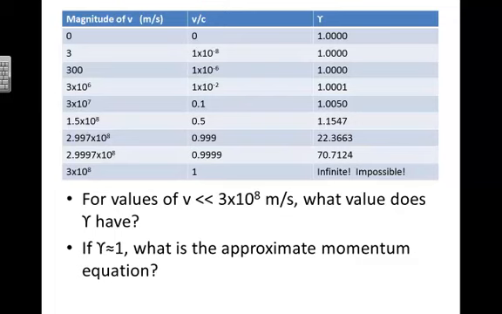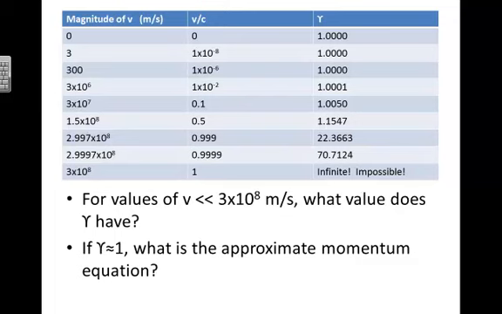And then right here, this is gamma itself. So notice that for 0 meters per second, gamma is 1. Even when we get up to 3 times 10 to the 6th meters per second, that's pretty fast, we see that gamma is only slightly different than 1.